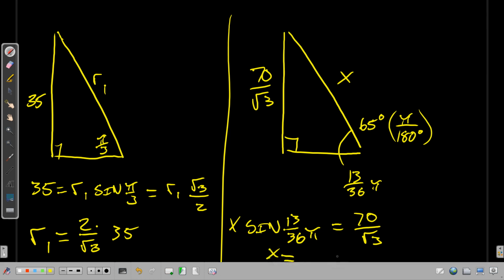In which case x is just equal to 70 over root 3 times the cosecant of 13 over 36 pi. And you just figure it out to 1 decimal place. I'm sure you can do that in your calculator.